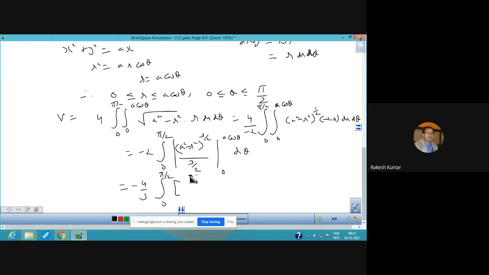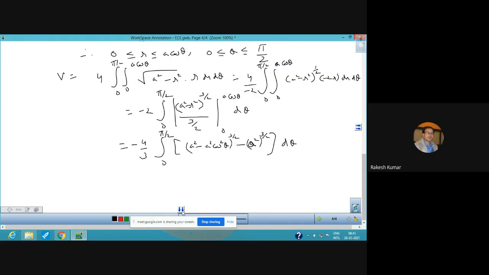Put the upper limit a cos theta. So a square minus a square cos square theta raised to power 3 by 2 minus 0, sorry, a square raised to power 3 by 2 into d theta. Because when r is substituted as 0, you will get a square.